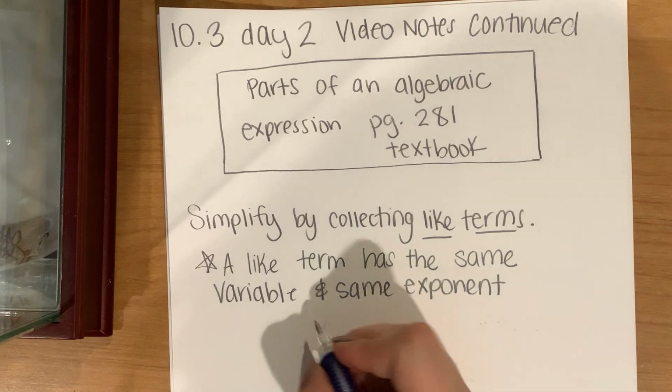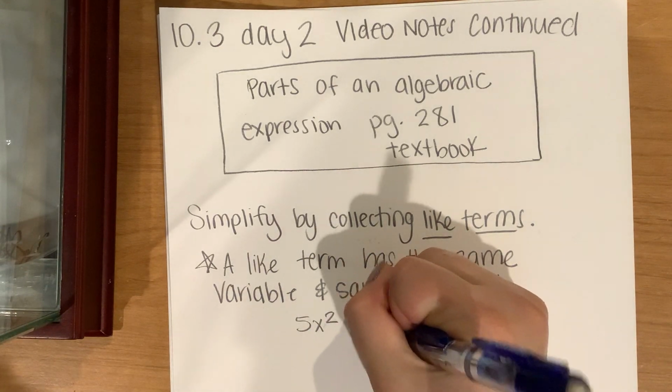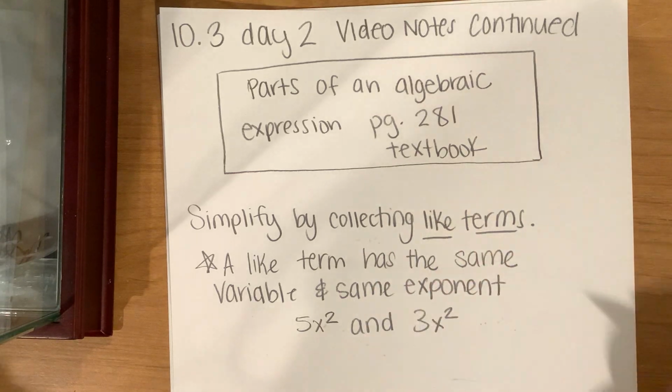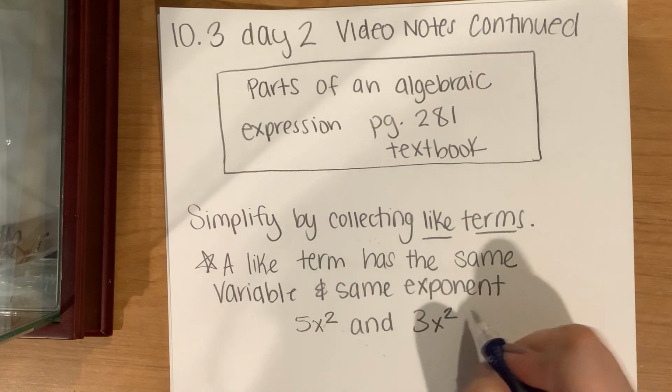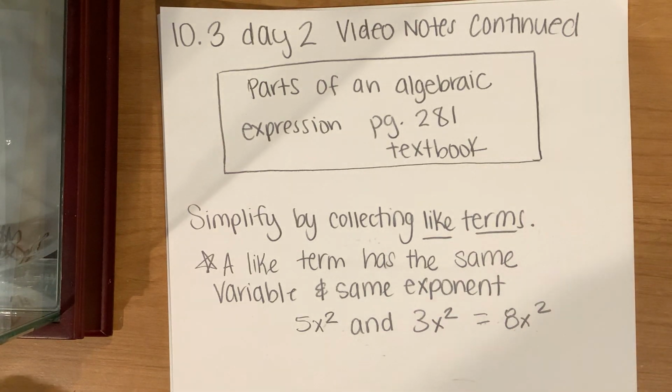An example of a like term could be 5x squared and 3x squared. Those could be combined to make 8x squared. 5x squared plus 3x squared equals 8x squared.